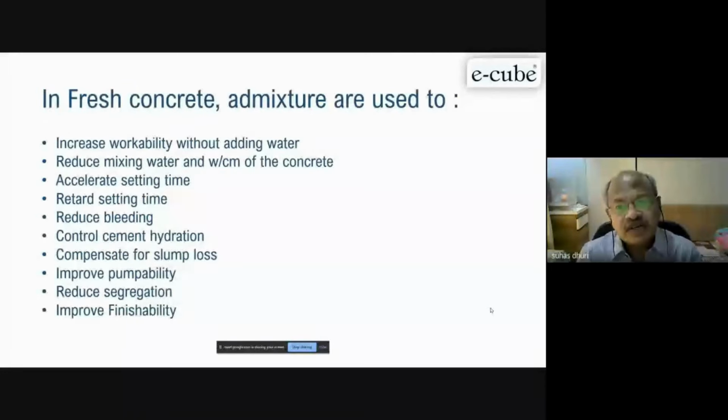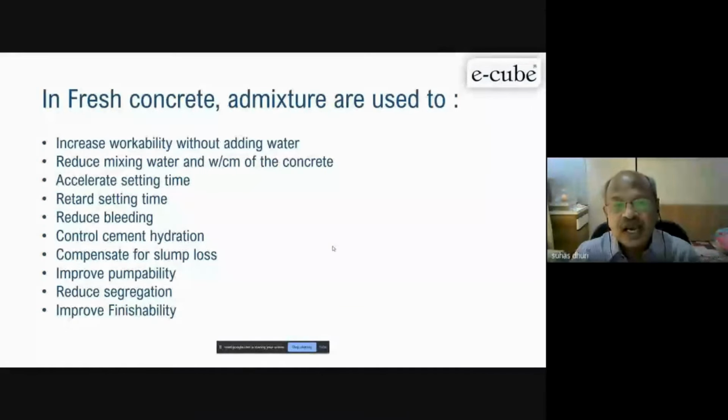Now in fresh concrete, admixtures are also used to increase the workability without adding water, because water is the cheapest ingredient among all the concrete ingredients. So for any slump loss or low slump due to various other reasons, the first thing in the mind of the operator operating the mixer is to add water to get more slump.